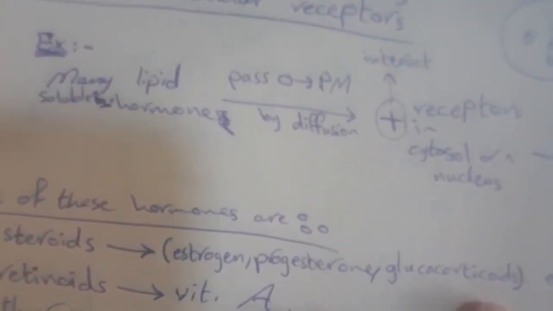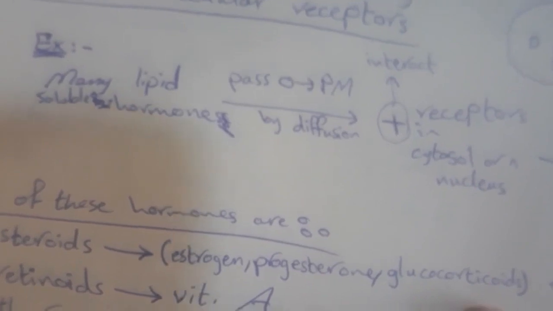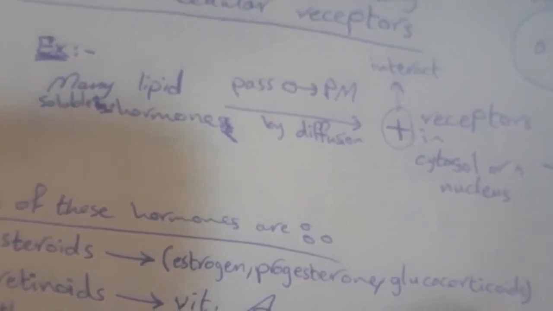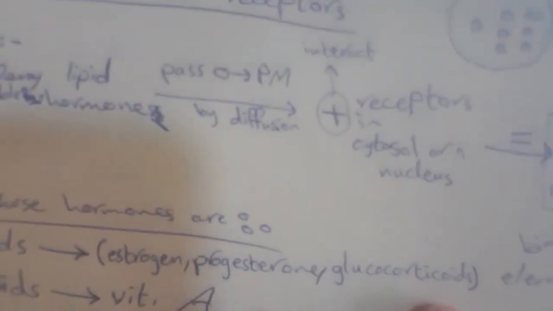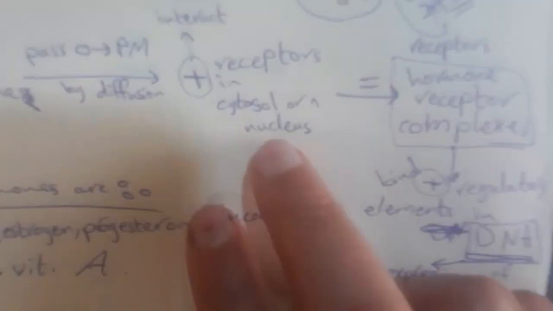Examples of them are lipid-soluble hormones, which pass through the plasma membrane by diffusion and interact with receptors in the cytosol or the nucleus, resulting in a hormone receptor complex.